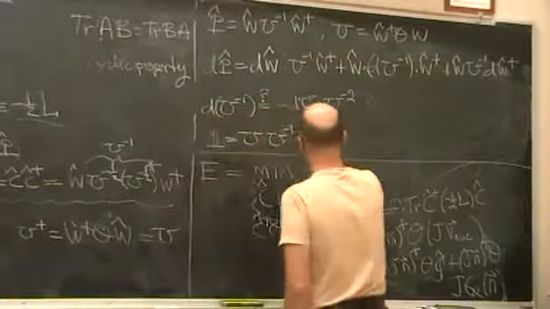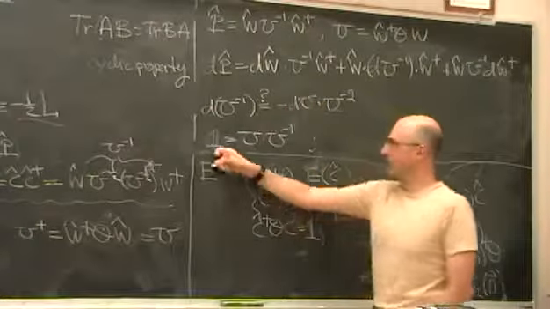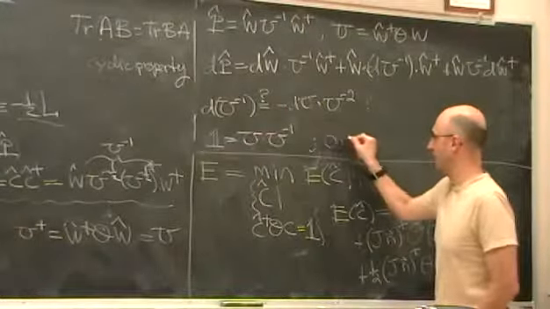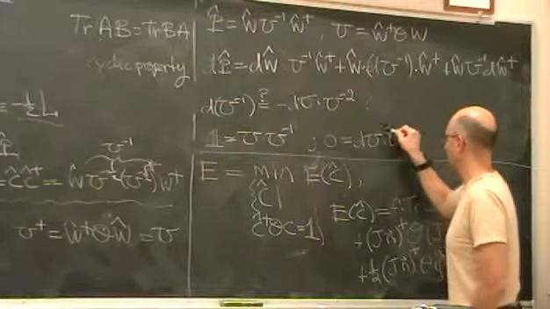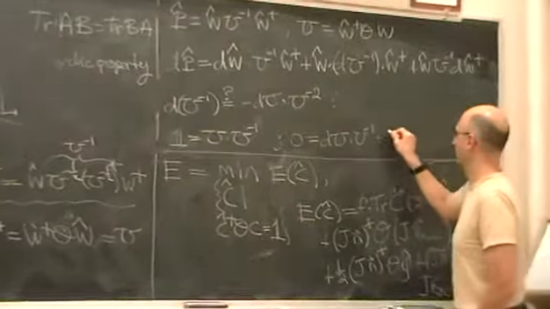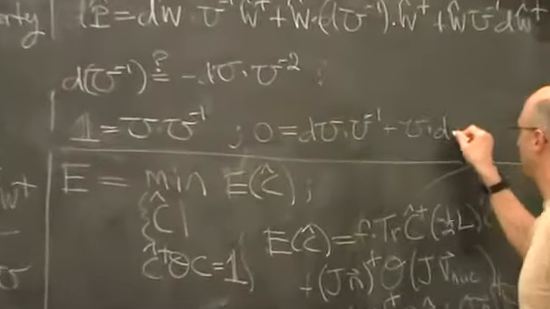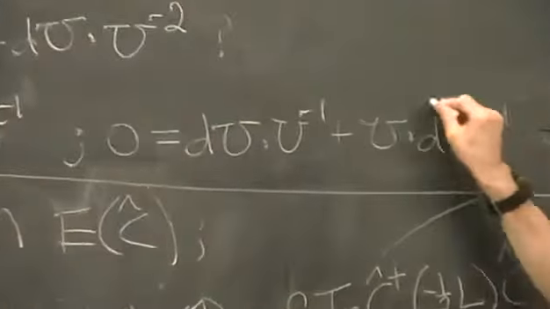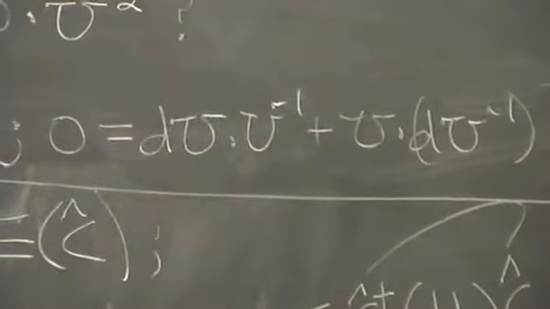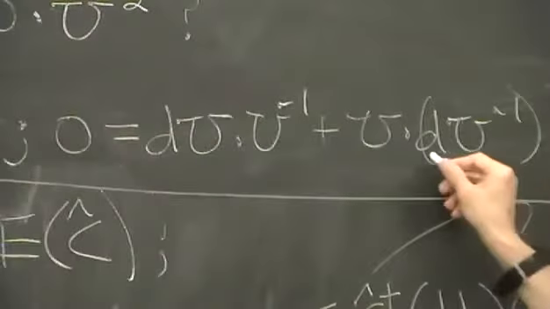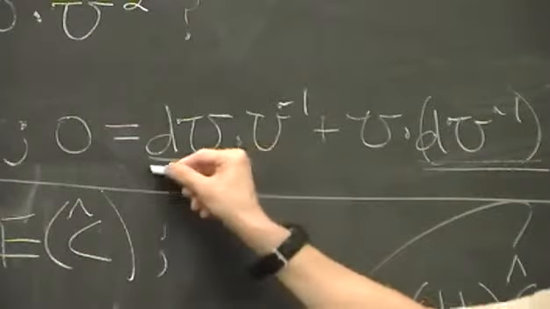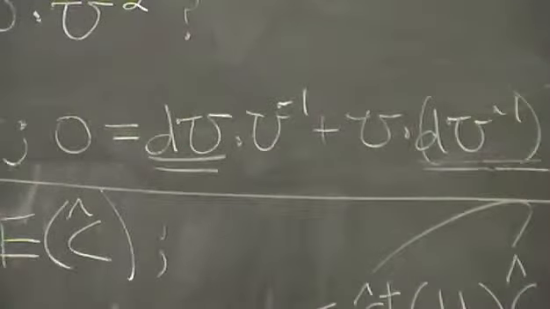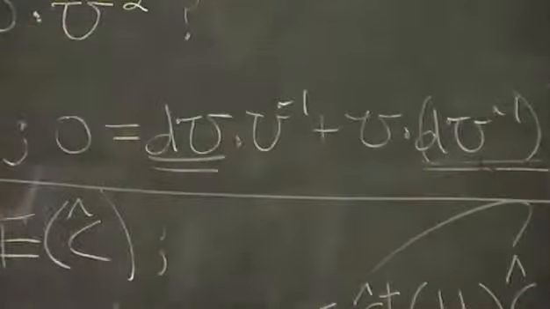So if we take the differential of this, the differential of the identity is 0, then its product rule is dU times U inverse plus U times the differential of U inverse. Right? And now, this is what we want, and we want this in terms of the changes in U, and I can certainly solve now for dU inverse. Pretty straightforwardly.